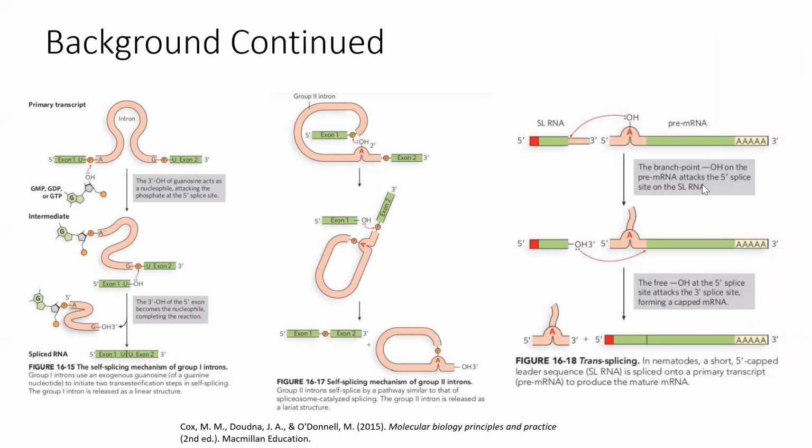Some more background on the splicing mechanisms that we learn in this class would be the self-splicing introns, the first one is group 1 and is shown in this figure to the far left. And it basically utilizes the 3' OH of a GTP to attack the 5' splice site.